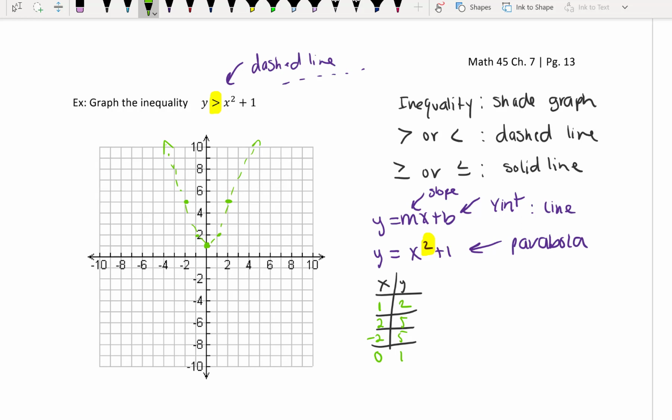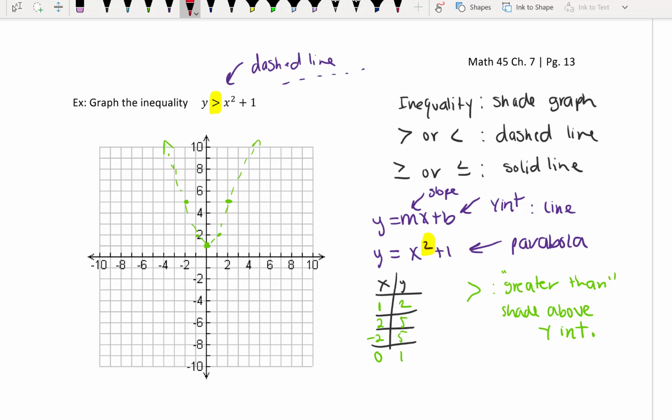So now what I need to do is figure out how to shade. Well, this is telling me that y is greater than. So that tells me to shade above the y-intercept.